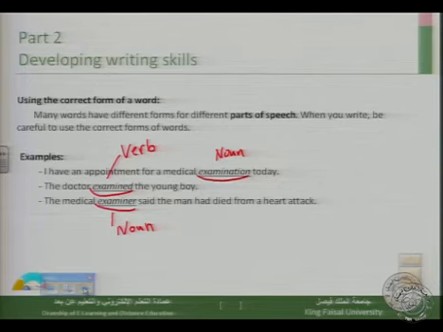In this place we can use a noun, and this noun is given to a person, so that it becomes the subject of this sentence. So you have to pay attention to parts of speech whenever you write your sentences. You use nouns in the place of nouns, verbs in the place of verbs, and you can also use adjectives and adverbs in their right place.